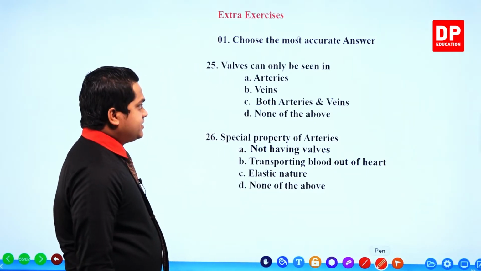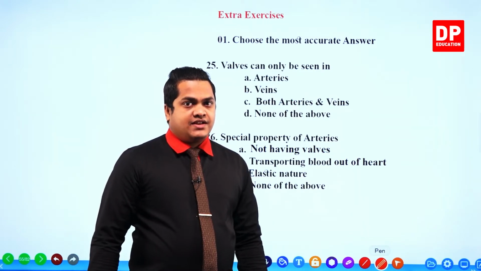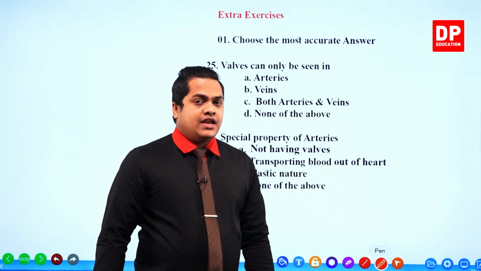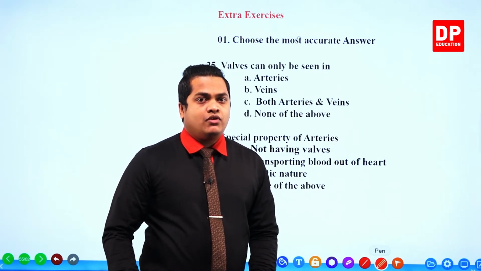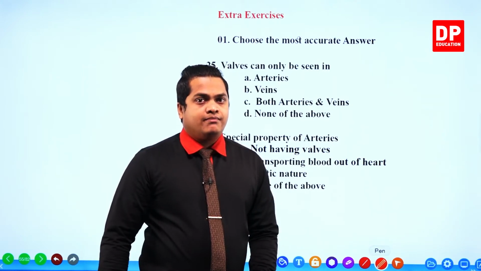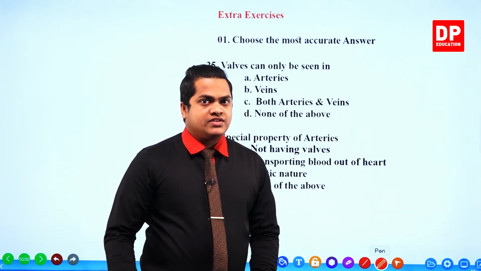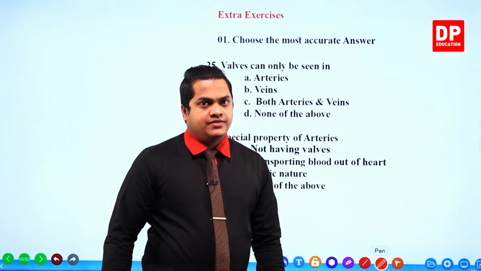Next one, veins. Of course you can observe valves inside the veins, right? It helps to avoid the backflow of blood towards the heart once again, towards the body organs once again, right?